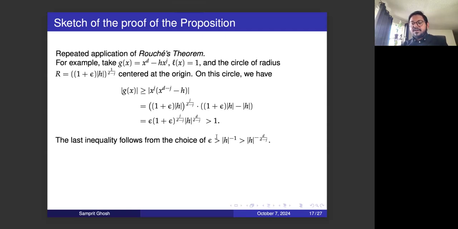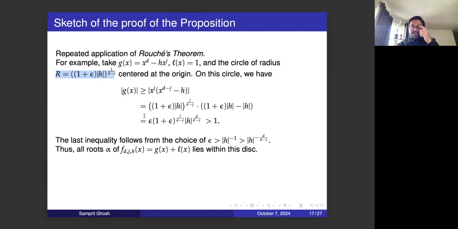And again, this last inequality follows from the choice of epsilon. So from this, we can choose where we want our epsilon to be. And so this means that on this circle, g(x) dominates l(x). And so g(x) plus l(x), which is our polynomial, has all the roots inside this circle.